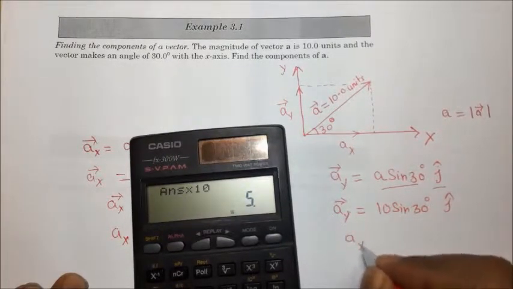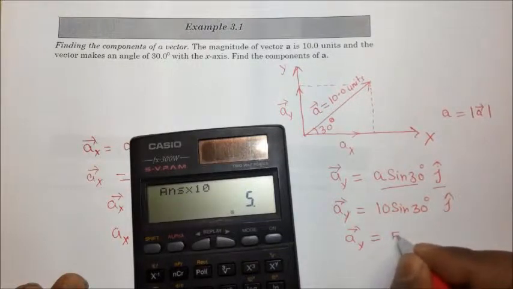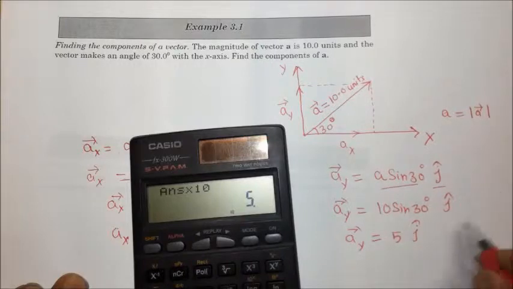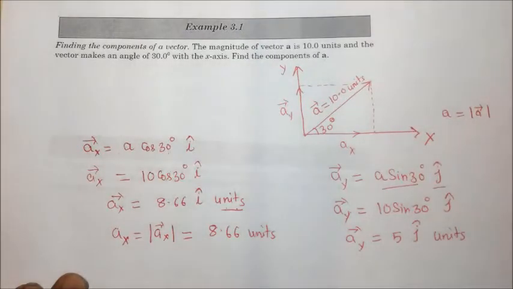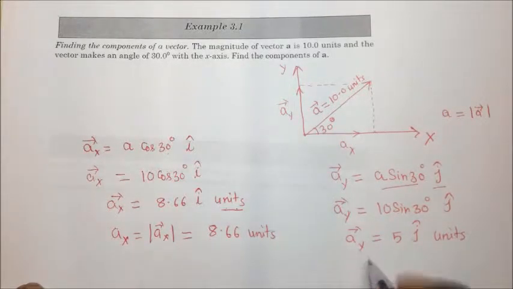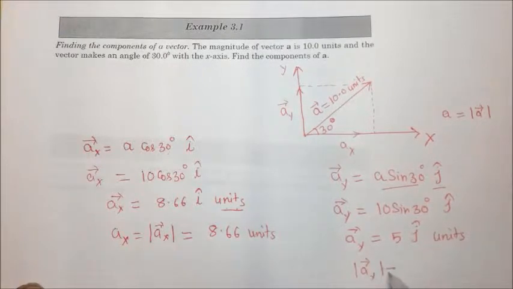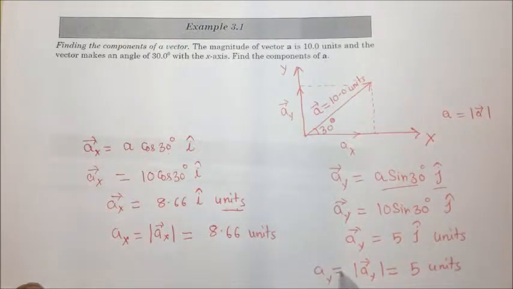So Ay is equal to 5 j cap units. In other words, the magnitude of Ay is going to be 5 units.